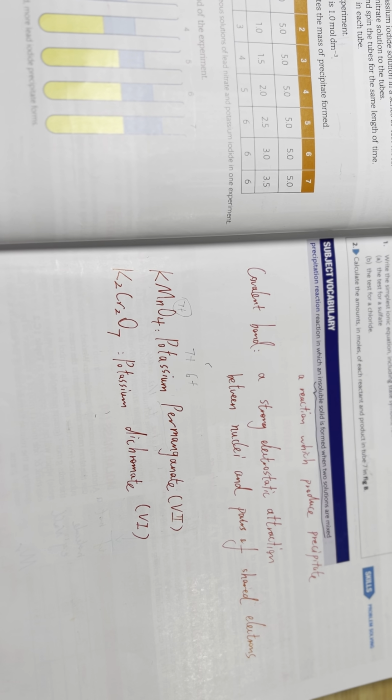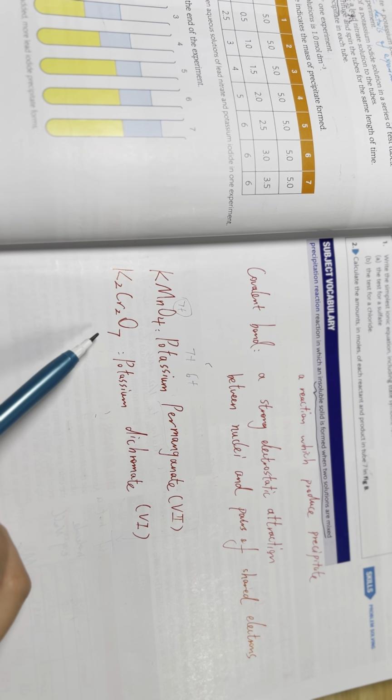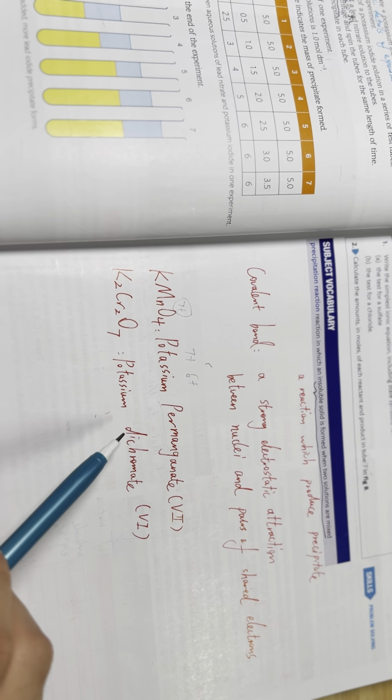And this you have learned in IGCSE because this is a reaction with alcohol. Potassium dichromate, it's yellow.